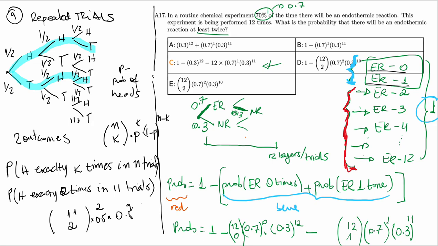It's just one way. So 12 choose 0 is 1. So it matches here exactly. Okay? 0.7 to the power of 0 is also 1. So in the end of the day, the second parcel here is exactly this. It's just 0.3 to the 12.